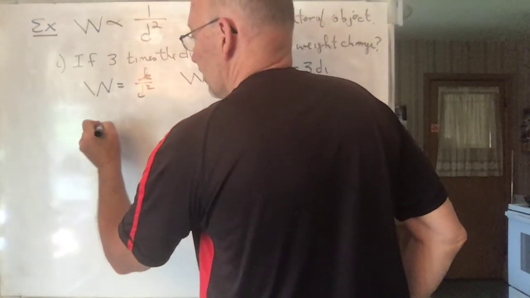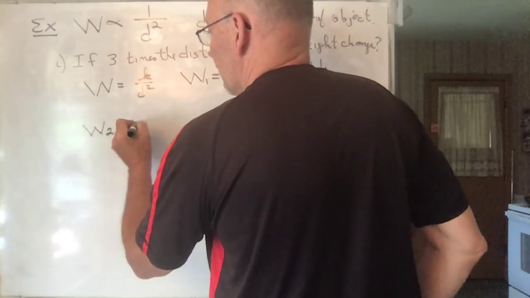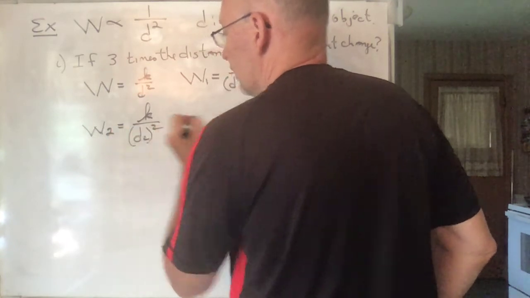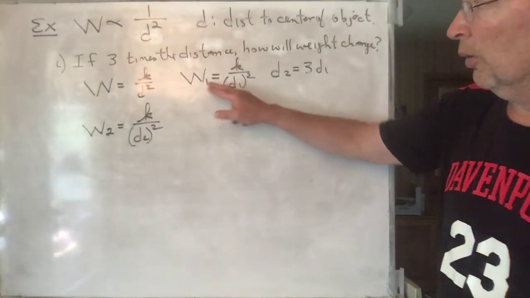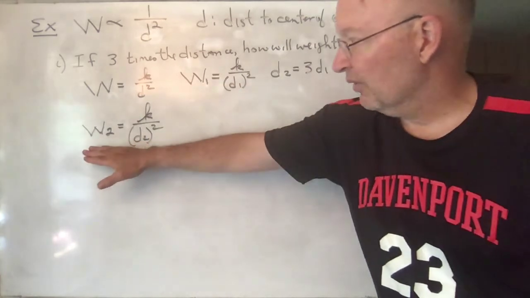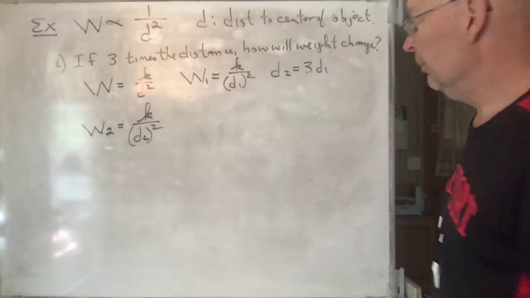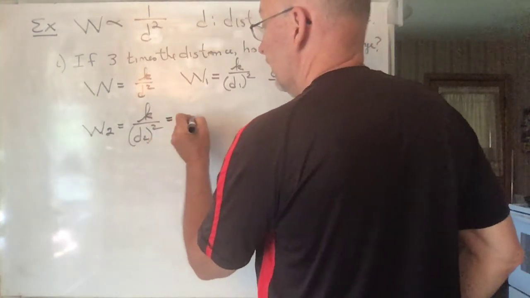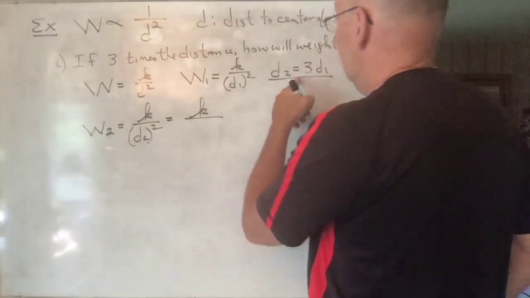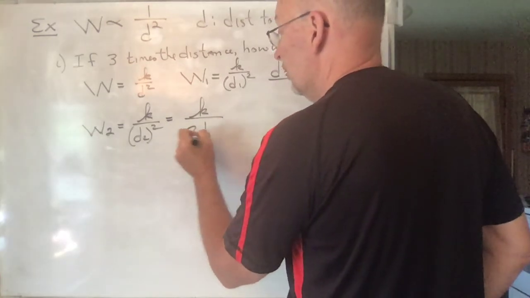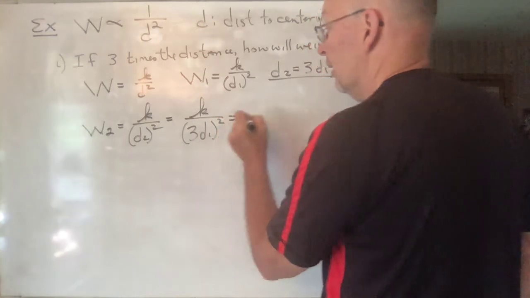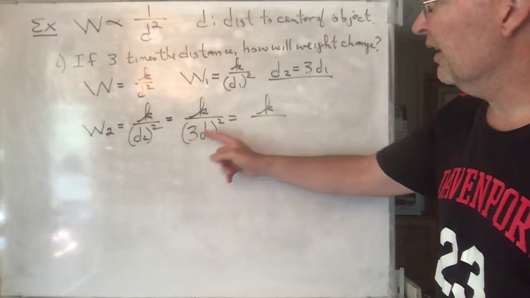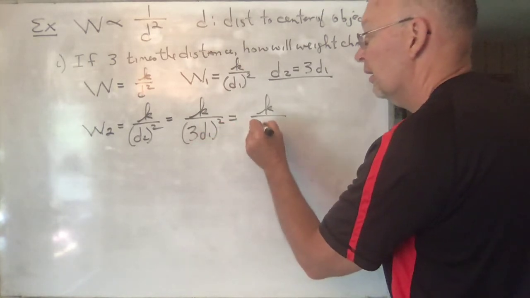So the question is, w2 is equal to k over d2 quantity squared. It's true no matter what the distance and weight are, they always are related like this. But now we know that d2 is 3 times d1, so what do we have here? We're going to have k over 3d1 quantity squared. If I square this out, you have to square everything inside, so 3 squared is 9.